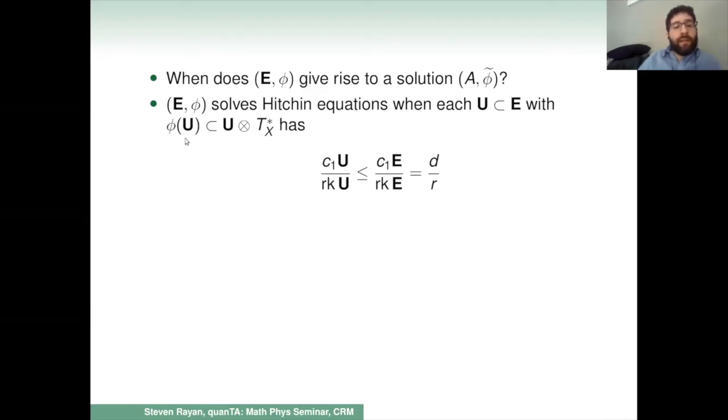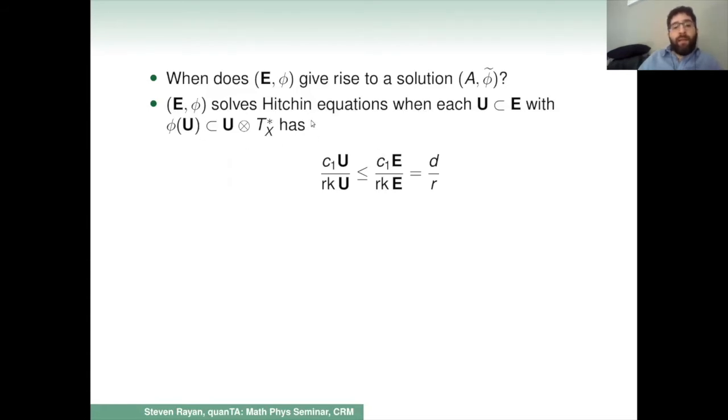So I'm looking at subbundles U that are mapped into themselves by phi, but you have to accept that there's always going to be the twist by T star. So let's look at proper invariant subbundles of E.